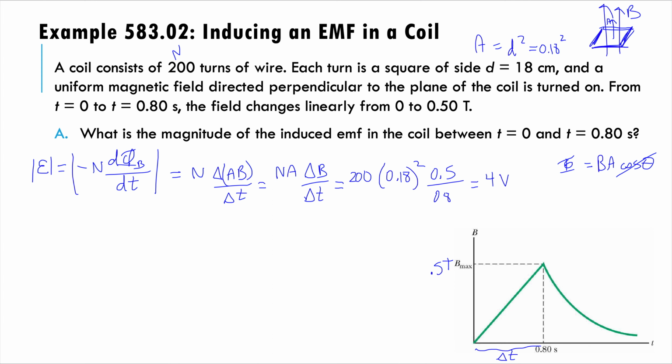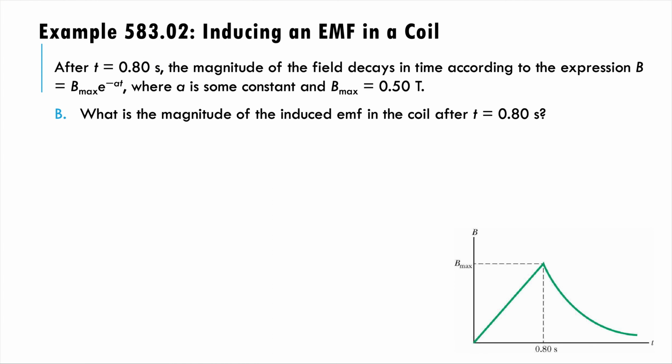Now let's look at the second part, which says that after 0.8 seconds, the field decays in time according to the expression B is equal to B max e to the negative a t, where a is some constant, and we have our B max of 0.5 teslas. So we're looking for the magnitude of the induced EMF in the coil.